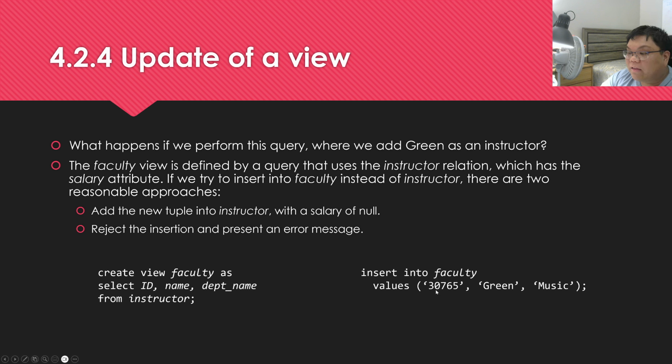Insert into faculty, instructor Green into the music department, whose ID is 30765. Approach number 1. We add it anyway, but the salary is null. Approach number 2. Don't add it, present an error message if you tried. And both are pretty reasonable ways to go about processing this query.